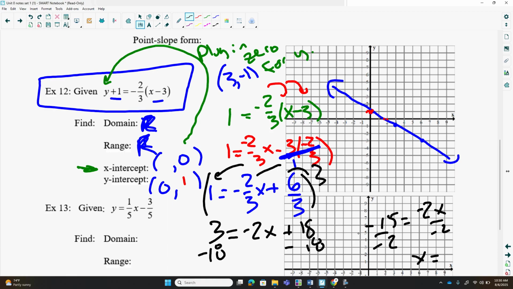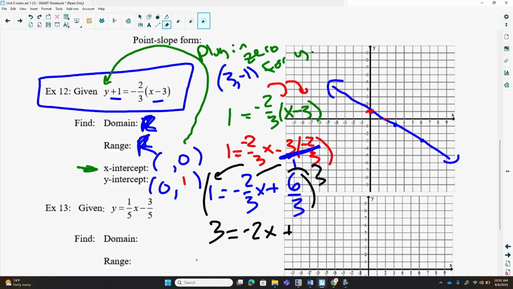Because that's giving me what? Oh. That's a 6. Thank you, thank you, thank you. I knew there's something wrong. Right here it is. It's not an 18. You're correct. It's 18 divided by 3, which is 6.